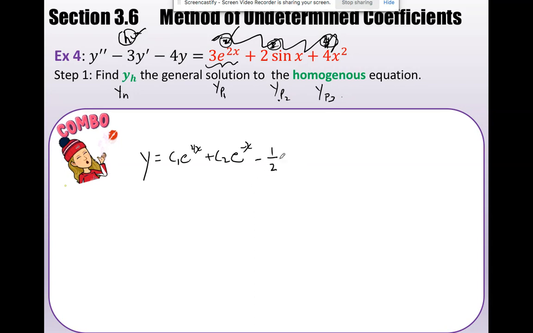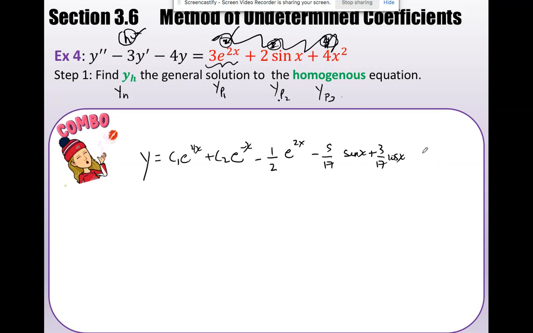So the first one was -1/2. Our a was -1/2. Remember, we only had a. Then we had the sine and cosine one. Oh my gosh, I didn't do such a great job with my space.